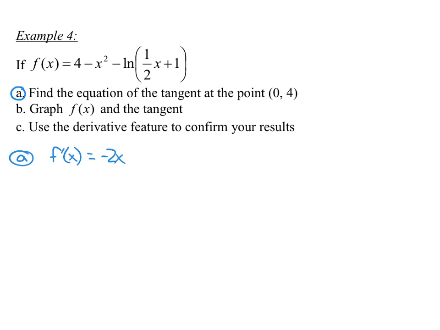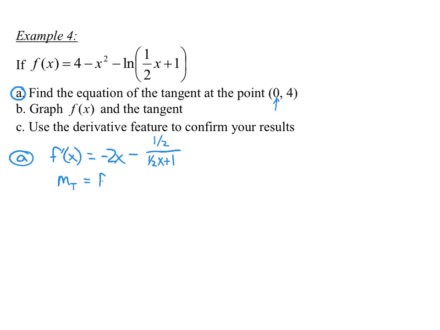Negative 2x minus, we need to do the derivative of the argument, which is just 1/2. That goes on the top, over 1/2 x plus 1. I need to plug in 0 to find out what the slope of the tangent line is.